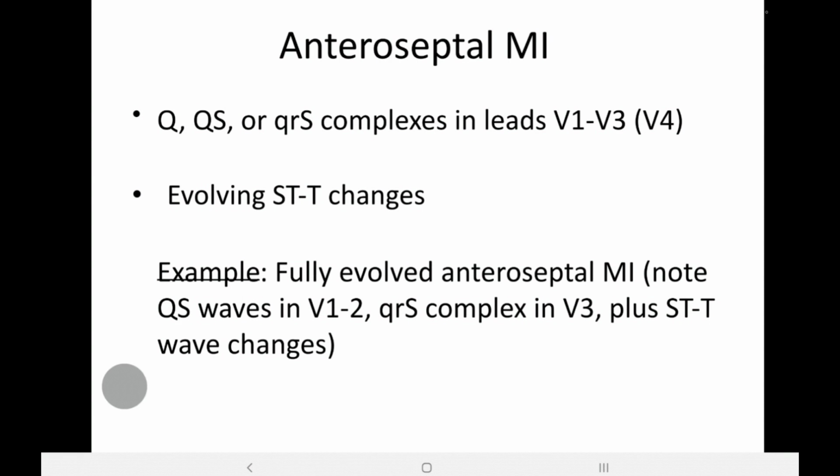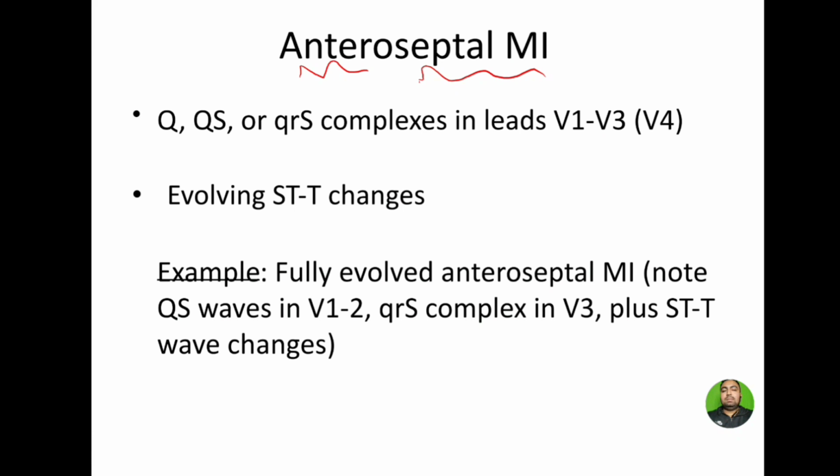Now let us see some examples of myocardial infarction ECGs. In this slide we are going to see the anteroseptal myocardial infarction. It is involving the anterior wall and the septal wall.